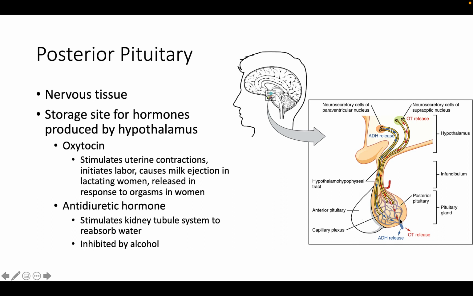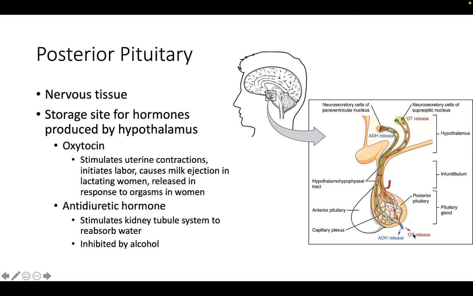And then on the other side, we have a posterior pituitary. And really, we can just call the posterior pituitary just that. It's not really a gland. It's a storage apparatus for hormones that the hypothalamus releases. So the posterior pituitary is a nervous tissue. So there are these nerve tracts that stimulate the release of these hormones. And the two hormones are antidiuretic hormone and oxytocin.